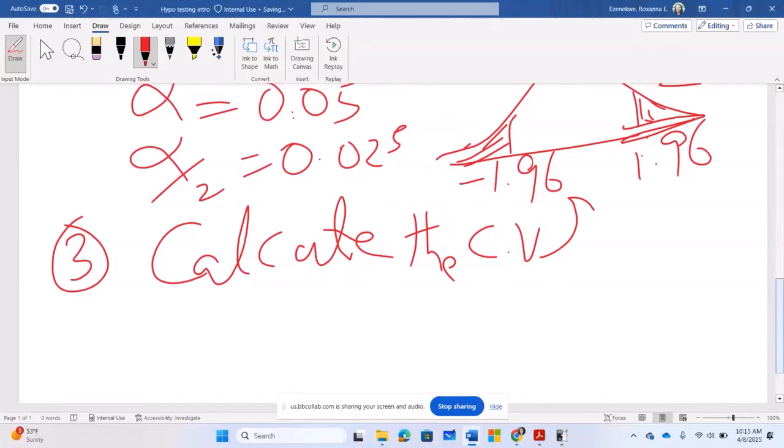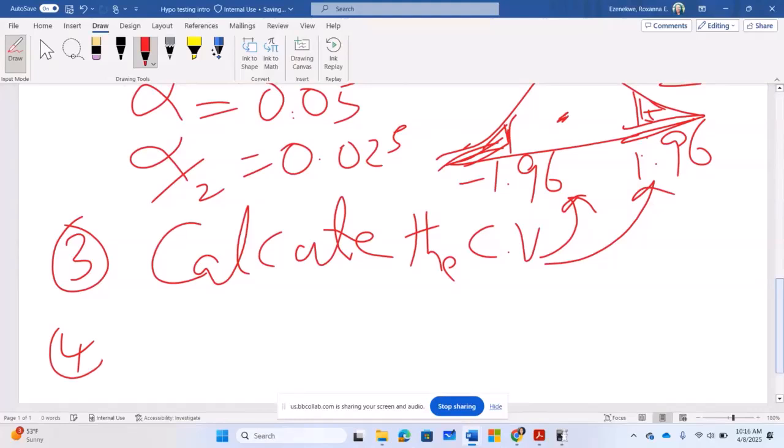That's what we just did here. When you calculate these critical values, they are the boundary line between rejection and acceptance. The acceptance region is the open space here. The rejection region is the shaded region.